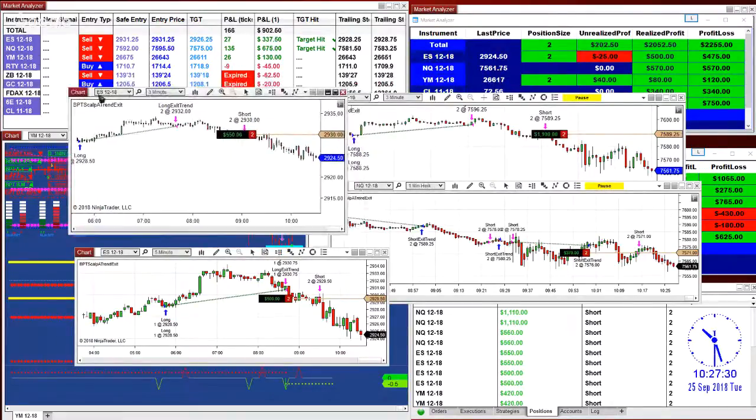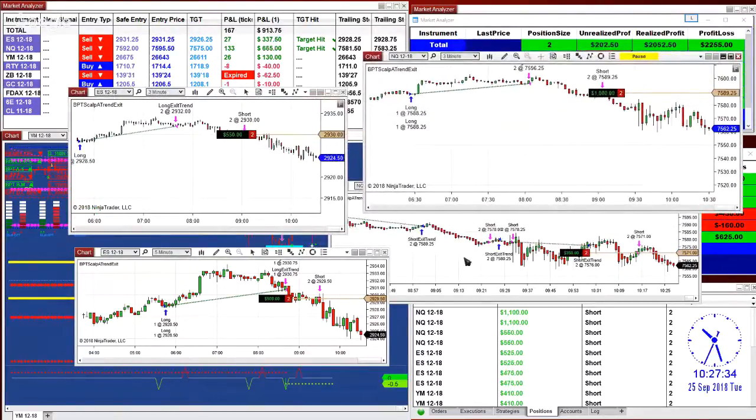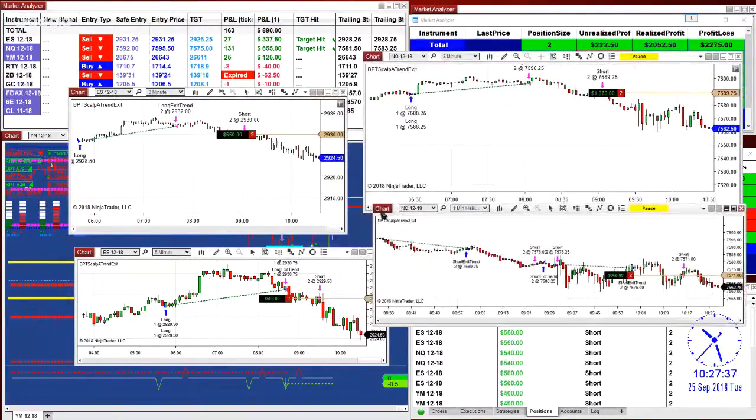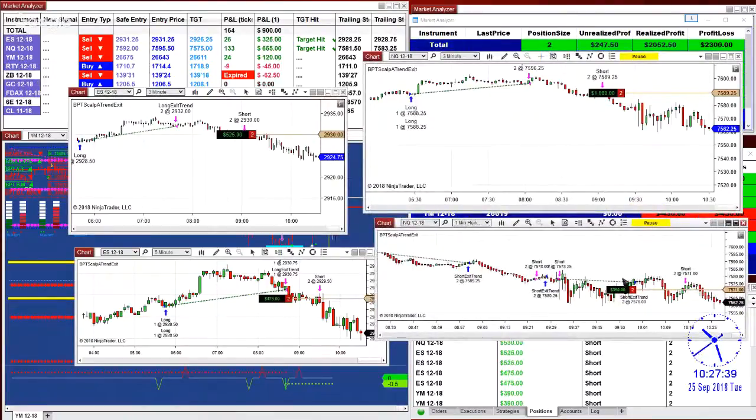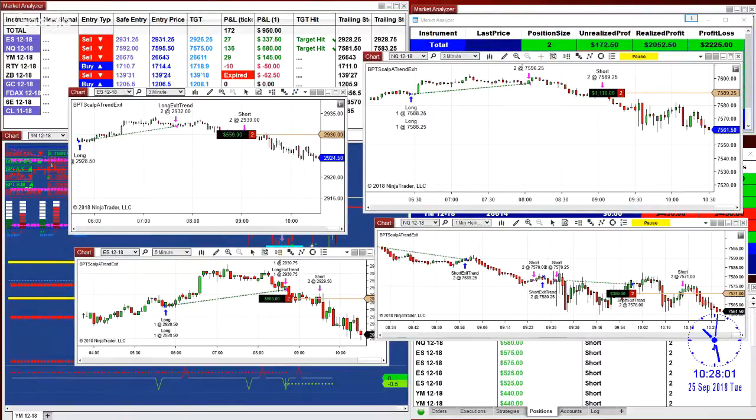It's the same story. And this is the Nasdaq 3 minutes, 1,000 on that trade. And then there is the 1 minute, 350 on that trade. And yeah, this is it.